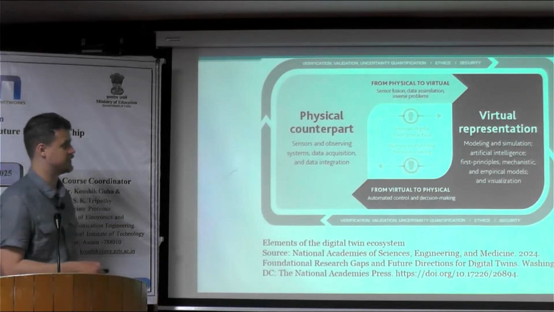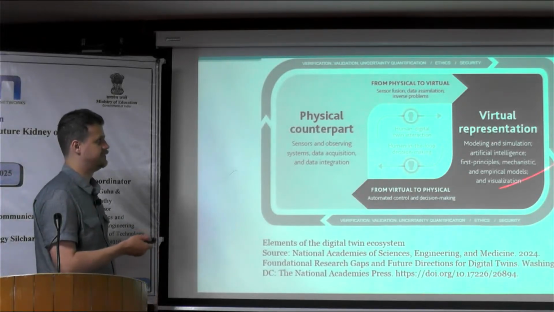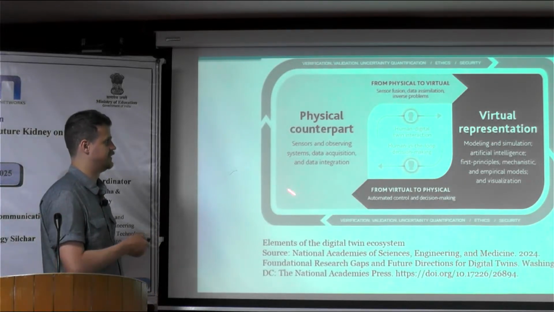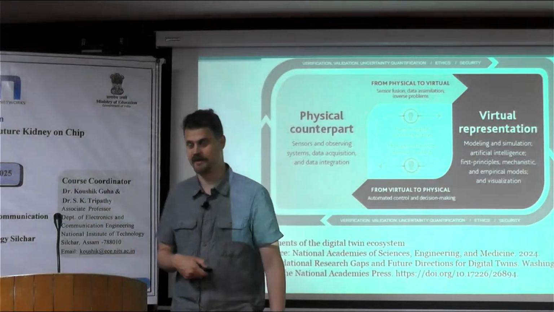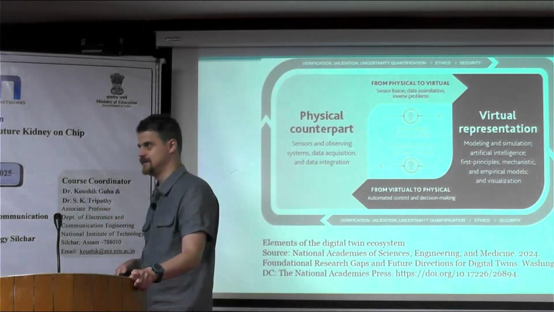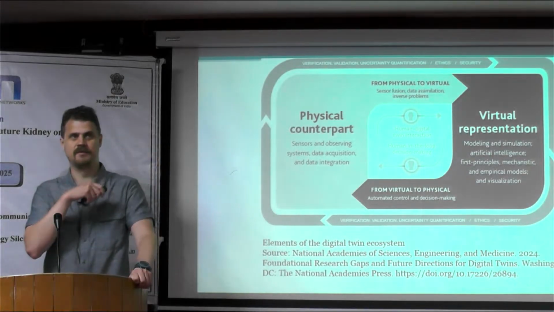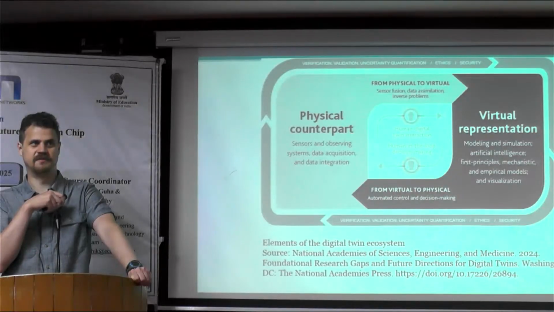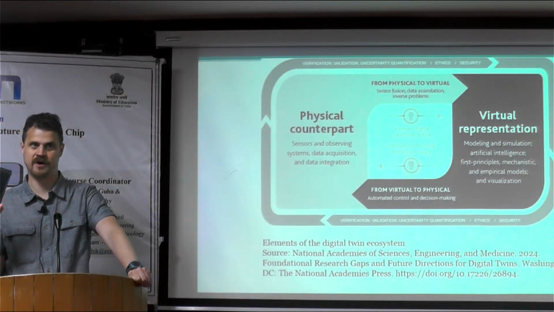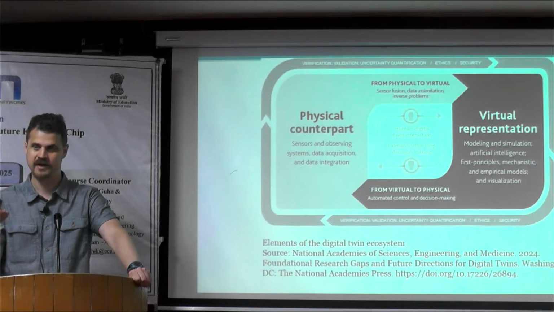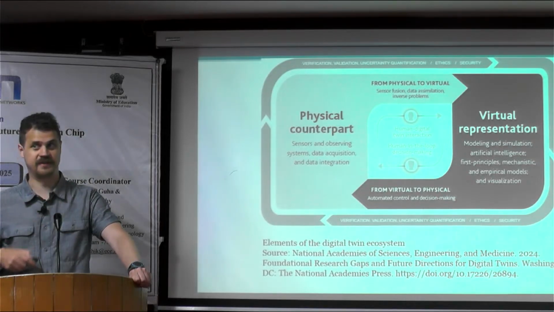So, of course, when we talk about the digital twin, we're talking about the close connection between the physical counterpart and the digital twin. And so basically, what would be the main difference between, say, a mathematical model of some specific object or some specific phenomena and the digital twin in this case?